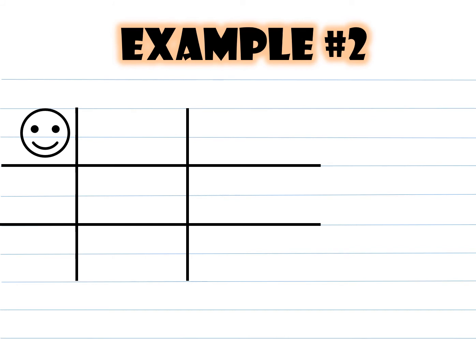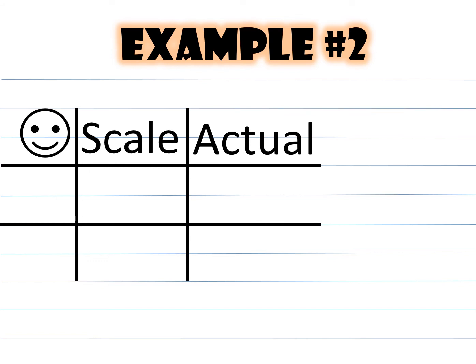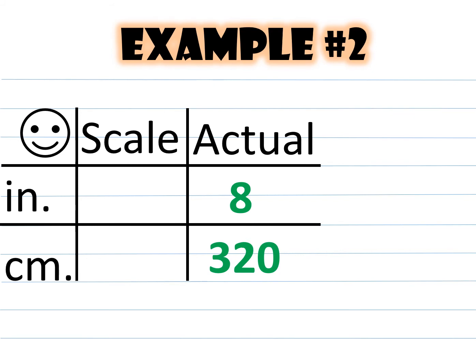Smiley face in the top left corner. Once again, we're writing down scale and actual at the top. They mention inches and centimeters in the problem, so we're going to use those as our 2 units of measurement. Now the scale model is 8 inches, and the actual car is 320 centimeters.